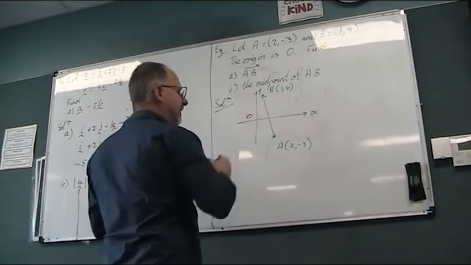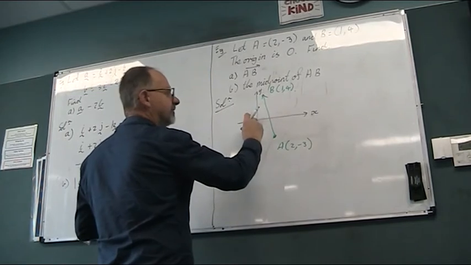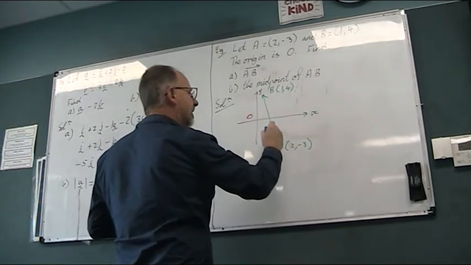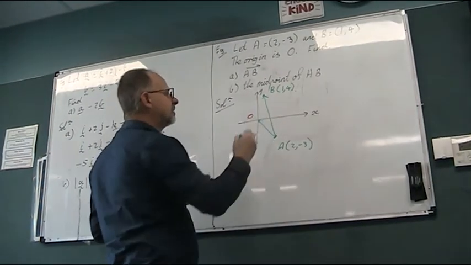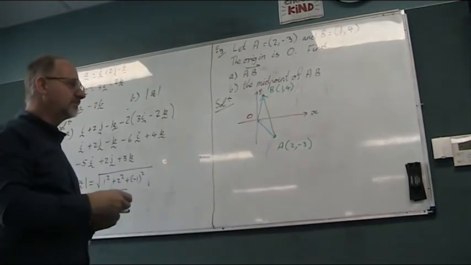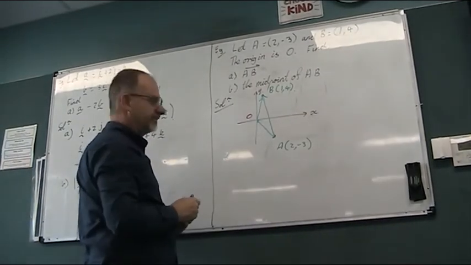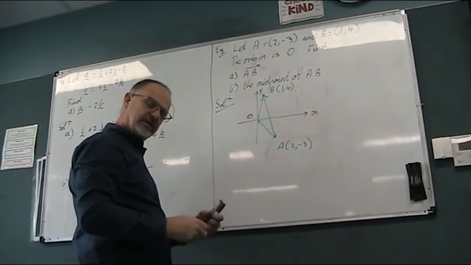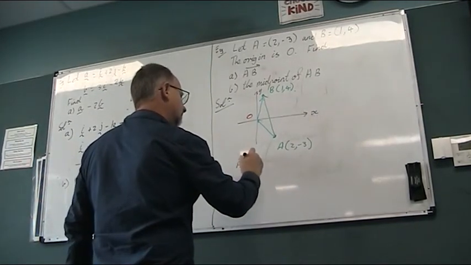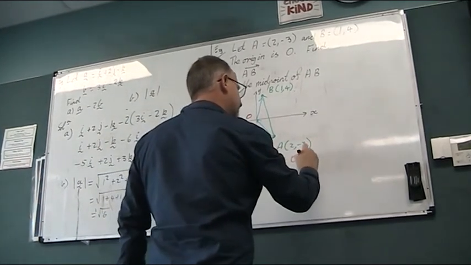So from A to B, because these two coordinates, of course, are relative to our origin, if we work back to the origin, we can say, okay, well, we can go to there, and then we can go to there. And then that gives us the A to B. Yes? So A to B is A to O plus O to B.